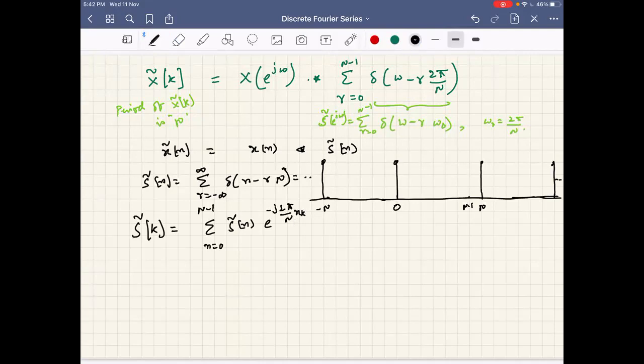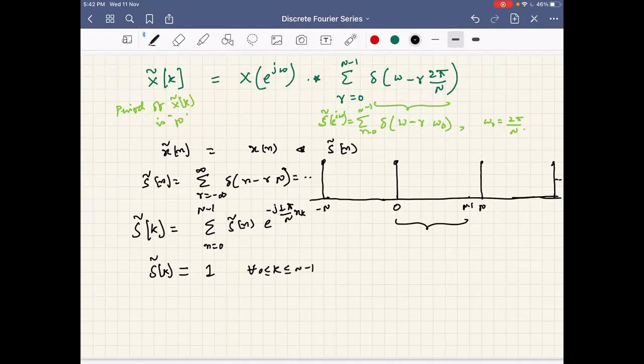In s tilde of n, we get only these samples in the 0 to N minus 1 region, and thus s tilde of k is equal to what? 1, because for n equal to 0 it is 1, and this is also 1, for all k ranging from 0 to N minus 1.